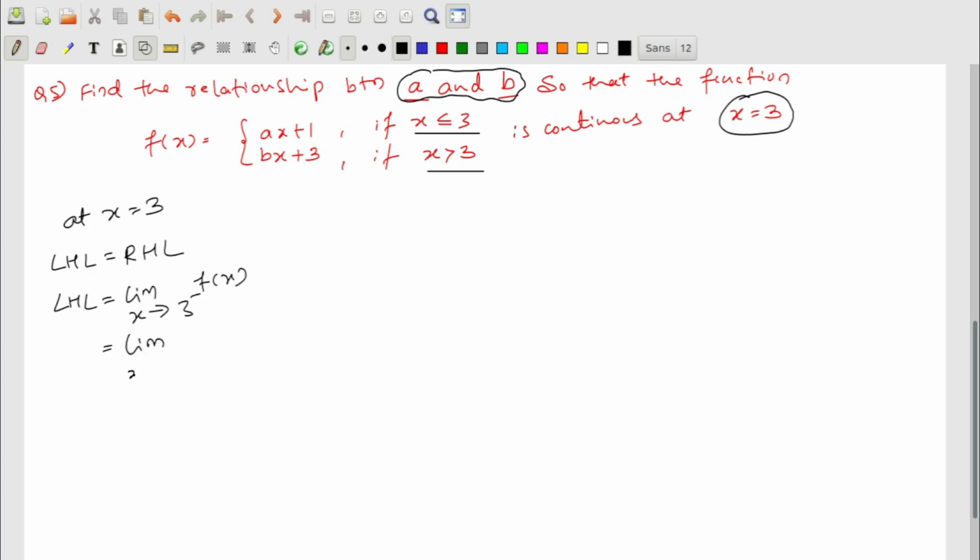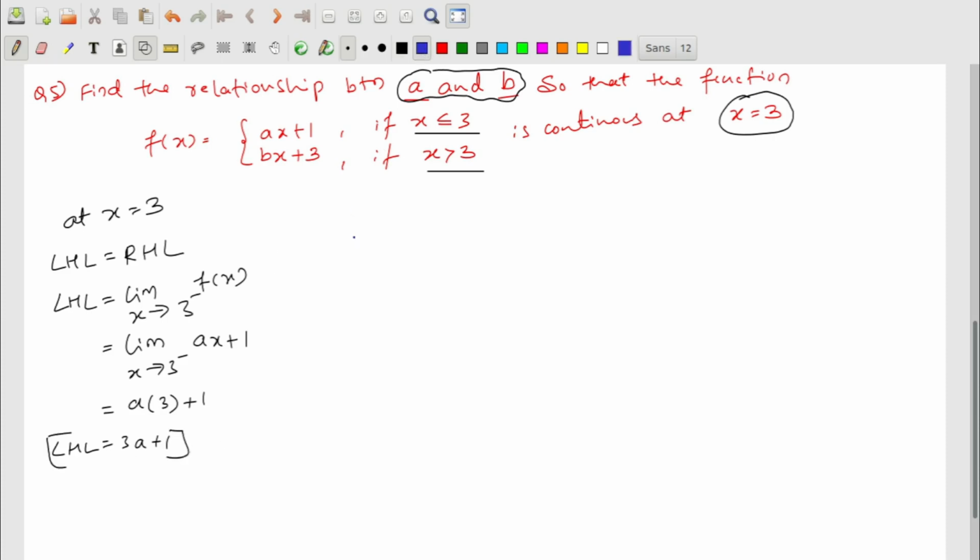That is less than 3. If the value of x is less than 3, then it is ax plus 1. Now substitute 3. This negative sign just gives a direction here, right? So you can directly take it as a into 3 plus 1, or 3a plus 1, that is your LHL, right?